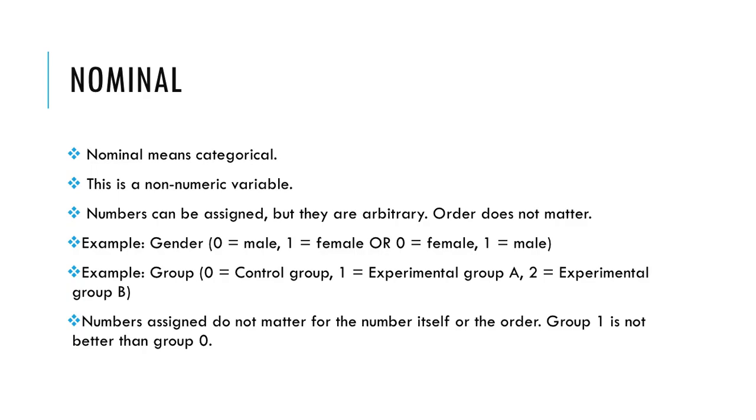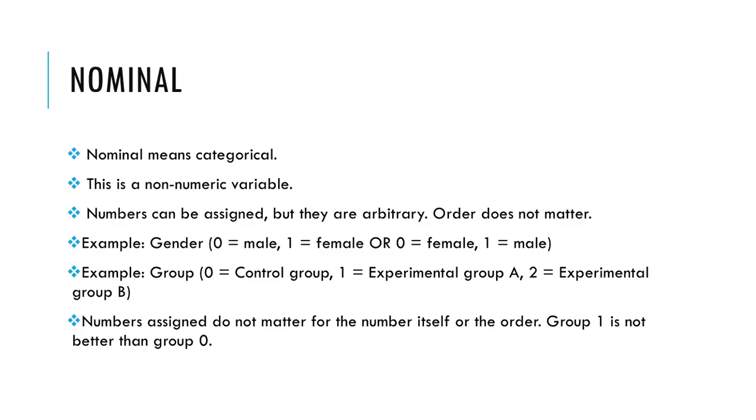Another example would be if I was conducting an experiment and I had a control group and two different experimental groups. So let's say I'm testing a type of curriculum design on this one class and a different type on another class, and I have a third class that is not getting any additional curriculum.